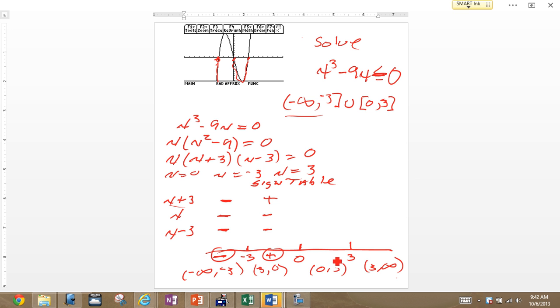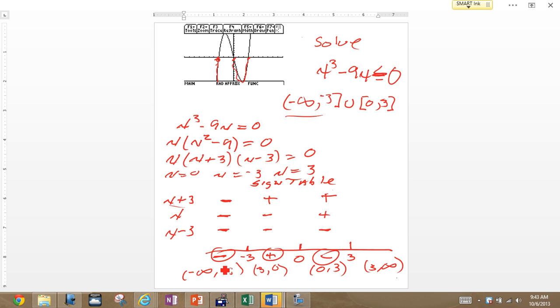Now we go again. In the interval between 0 and 3, let's choose 2. 2 plus 3 is certainly positive. 2 is positive. And 2 minus 3 remains negative. So the product of the signs, two positives and a negative, is negative.